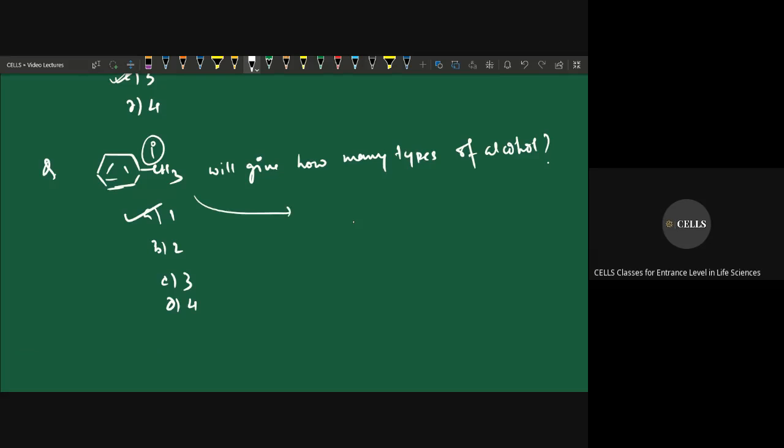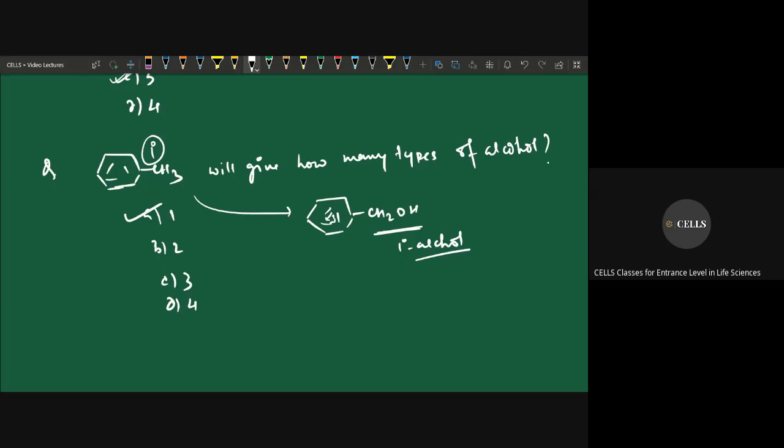So it will form only one, because this benzene ring won't react. This benzene ring is resonance stable. It won't react to form an alcohol. So it will form only CH2OH, and that is nothing but a primary alcohol. We'll discuss in the reaction mechanism that the benzene ring only shows electrophilic substitution reactions, and this alcohol formation is a nucleophilic substitution reaction.